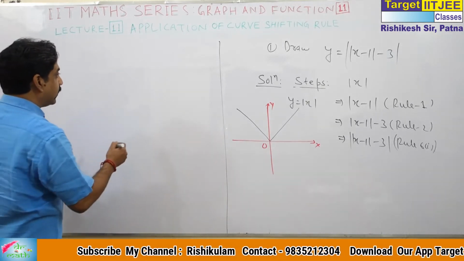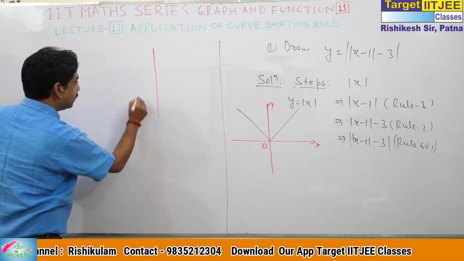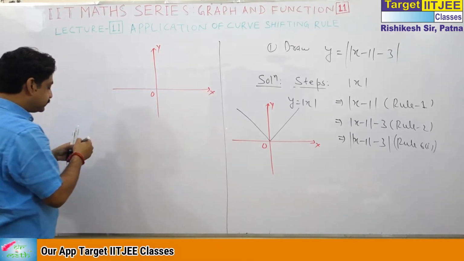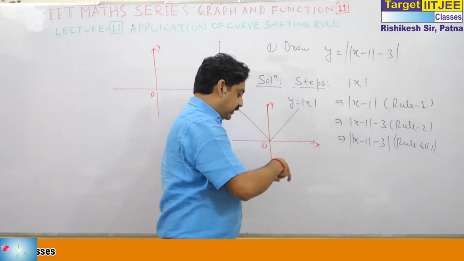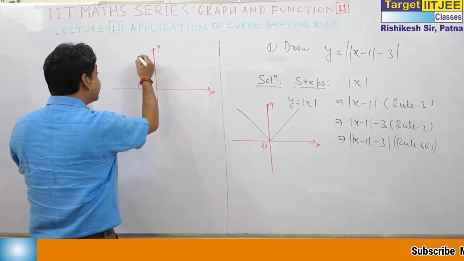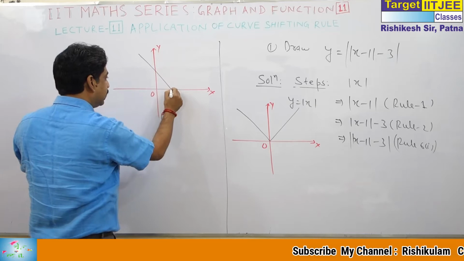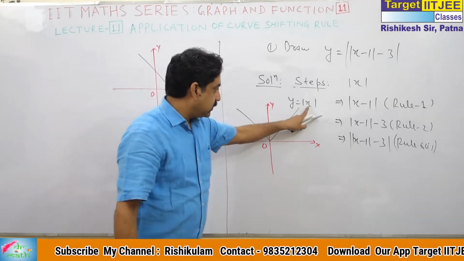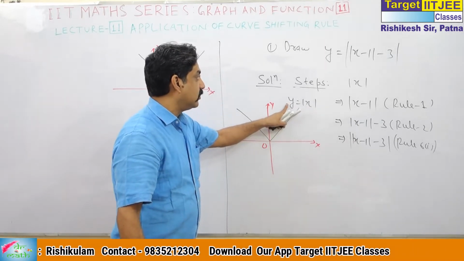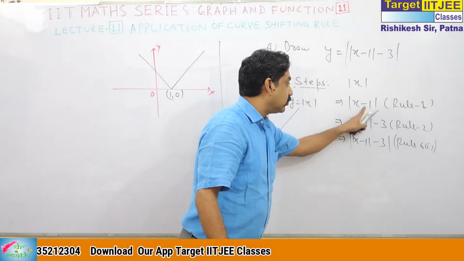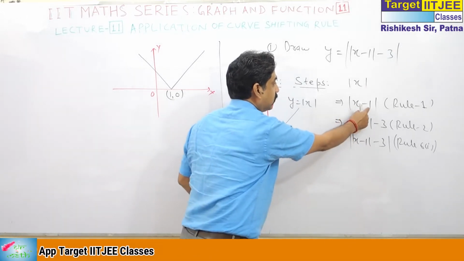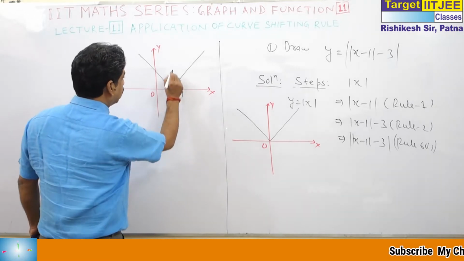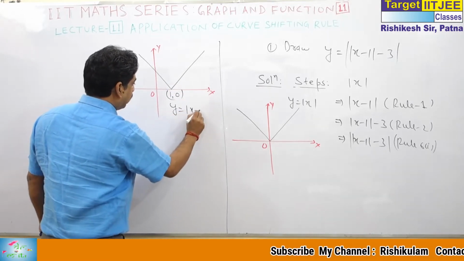The minus 1 suggests this will shift 1 unit towards the right. If you have any confusion, at x is equal to 0, y is equal to 0, and at x is equal to 1, y is equal to 0, so this is x minus 1. This is actually your y is equal to modulus of x minus 1.